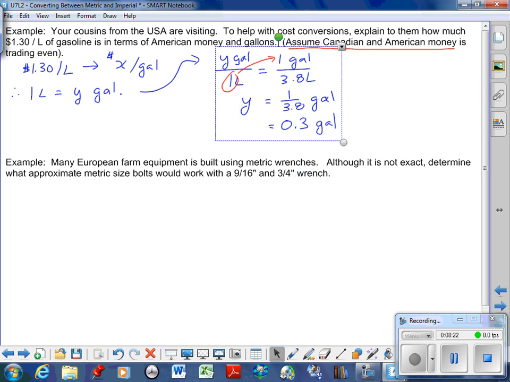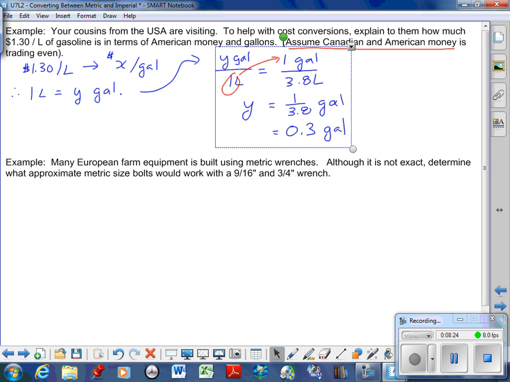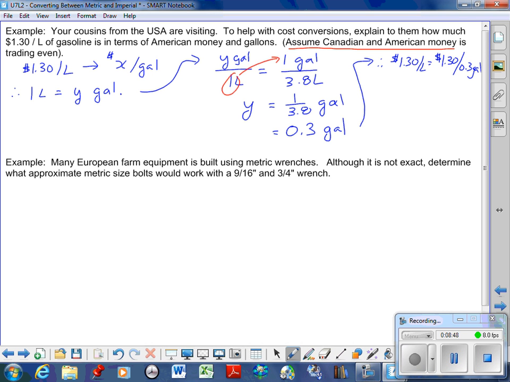To finish this off, just come over here. So therefore, $1.30 per liter is equal to $1.30 per 0.3 gallons.